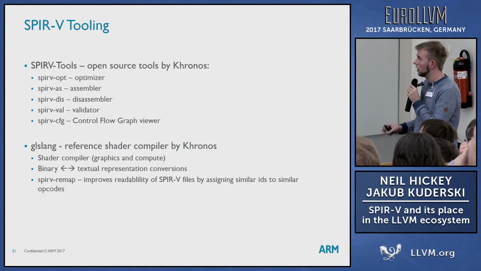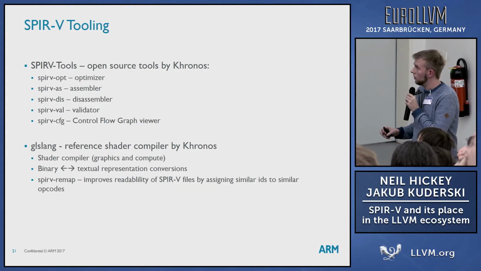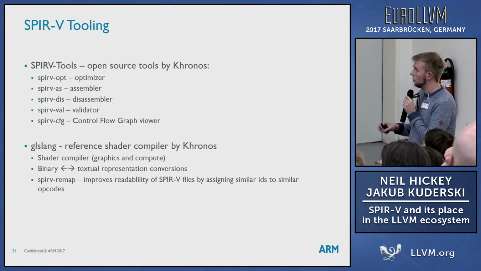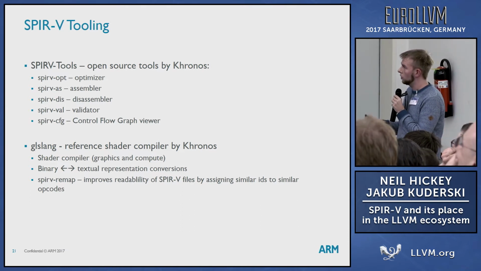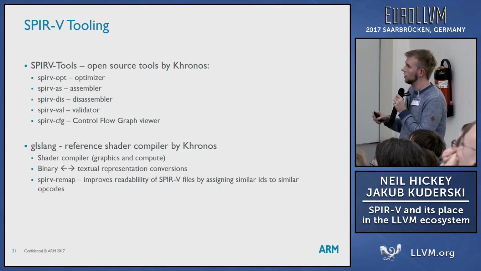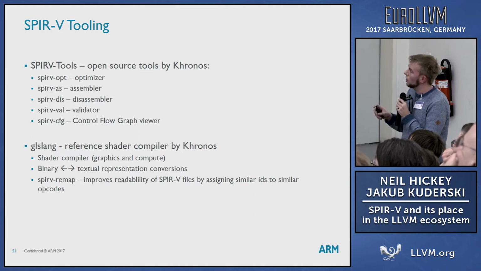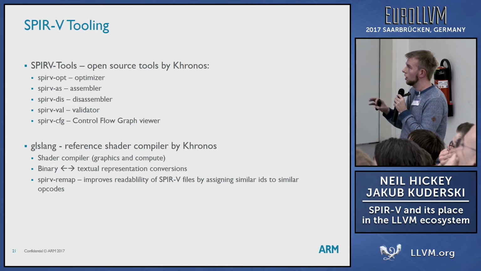Okay, so when it comes to tooling, there are three main projects. Two of them are mostly maintained by Google, and those are SPIRV tools and GLslang. SPIRV tools heavily resemble LLVM infrastructure.